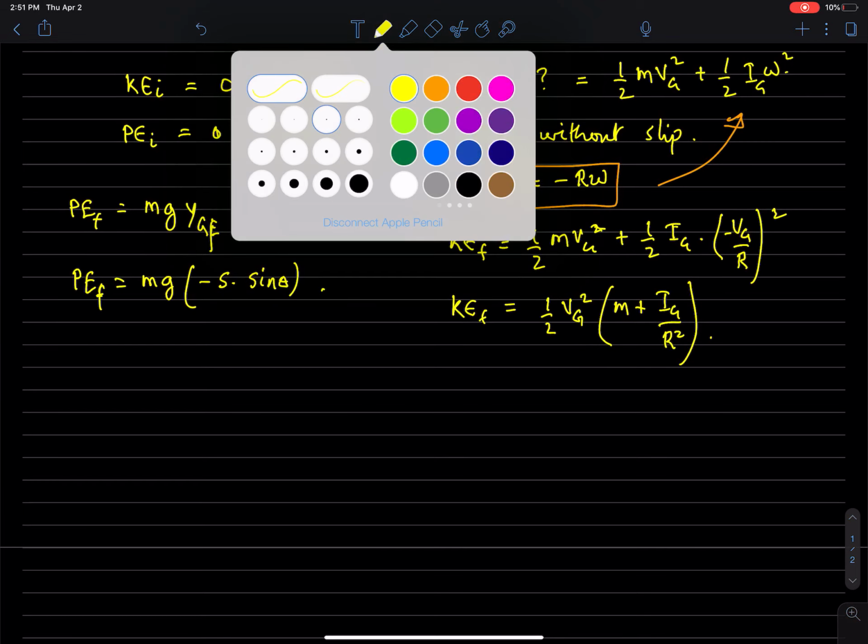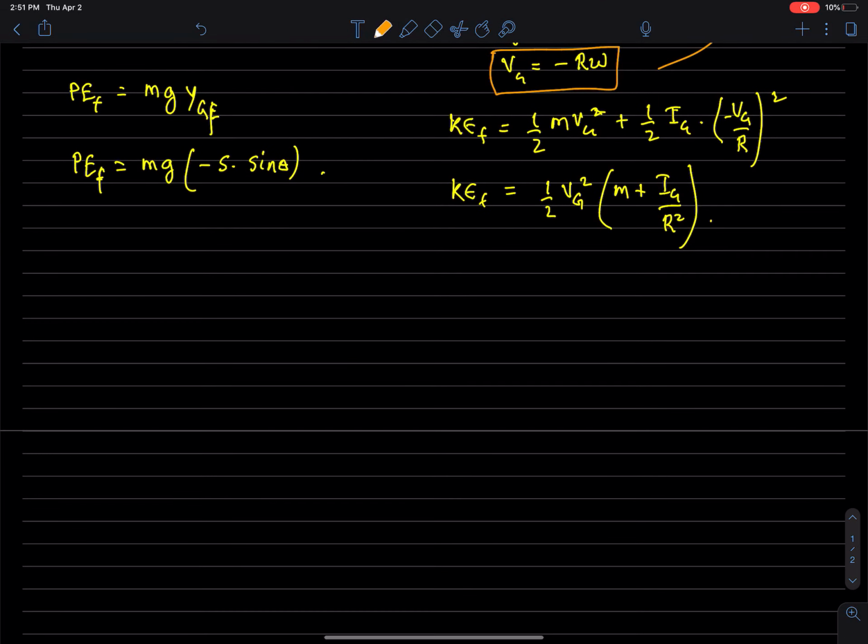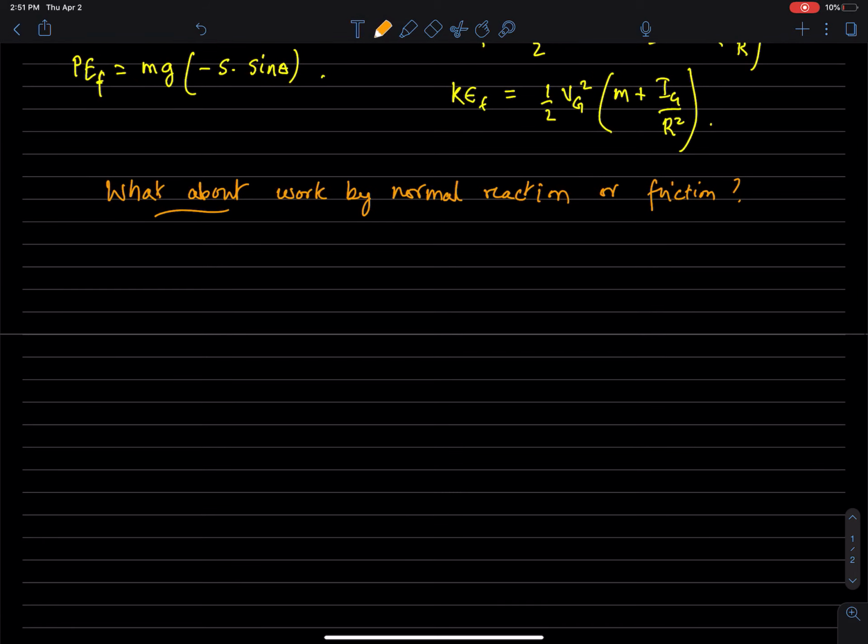So let me just write that down. What about work by normal reaction, or friction? Okay, so recall work is the integral of F dotted with vP dt, where P is the point of application of the force.